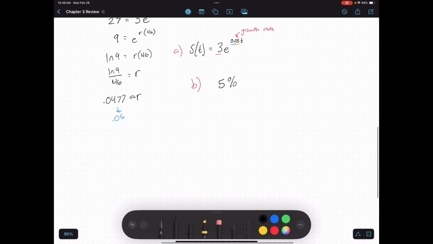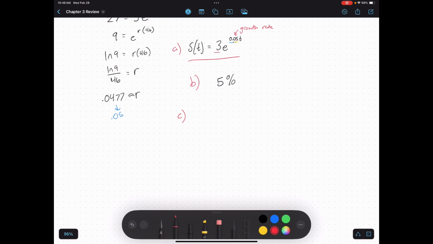Okay, part C is just using this equation to estimate. And it even specifically tells you, use your answer from part A. So use this equation to estimate what this postage is going to be in 2018, 2021, and 2024. How do I do this one?